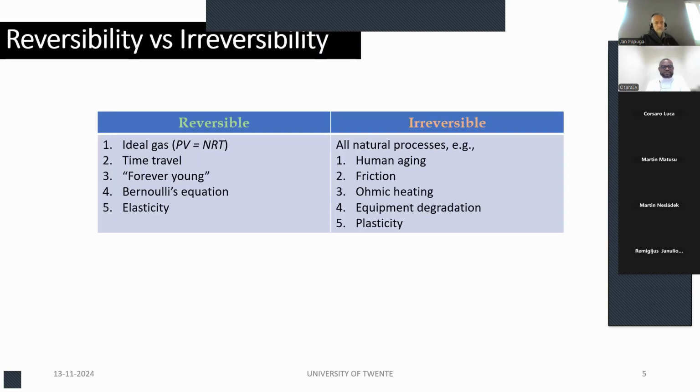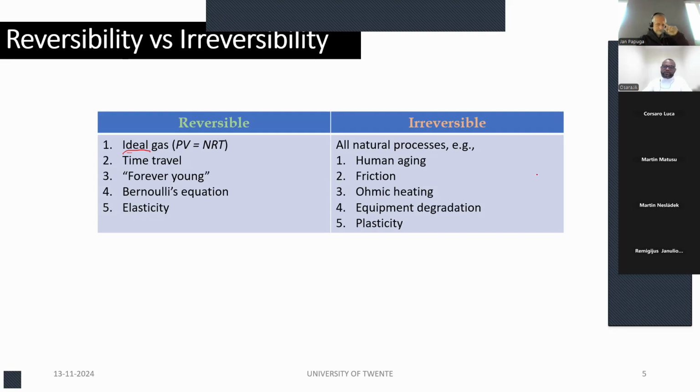Some more definitions here, a quick example of irreversible versus reversible processes and systems, just to make sure that we're kind of all on the same page here when you hear the word reversible to understand what I'm trying to say. You probably are familiar with this concept here, and these are typically ideal cases. As you can see, ideal gas is one of those. Concept like time travel, staying young forever, no aging. Bernoulli's equation is also a really good one. There are no losses involved in it, and elasticity also.